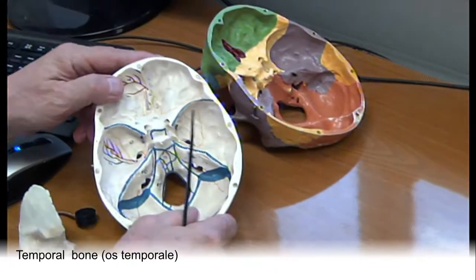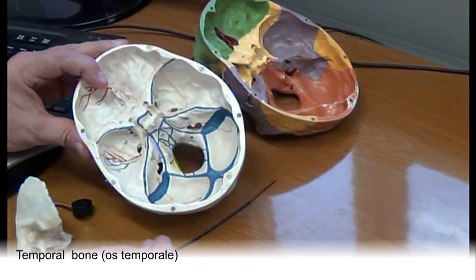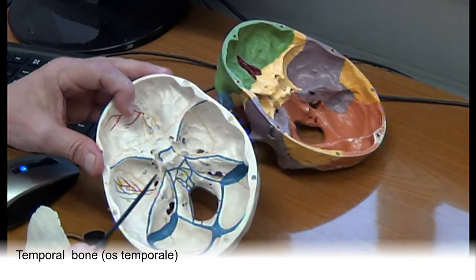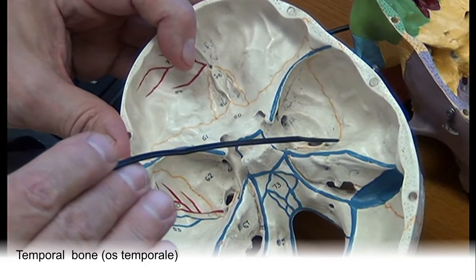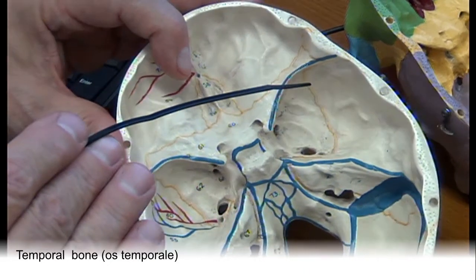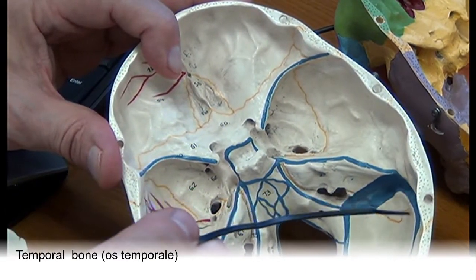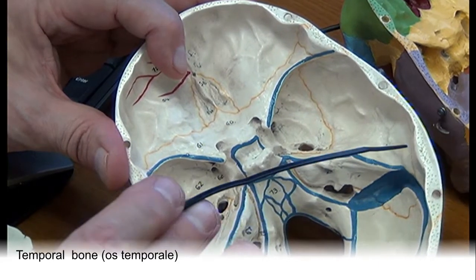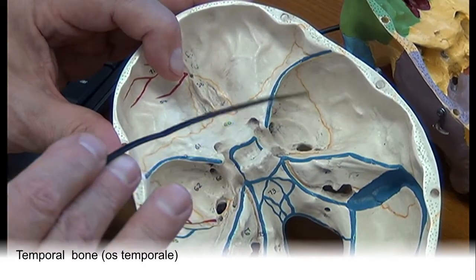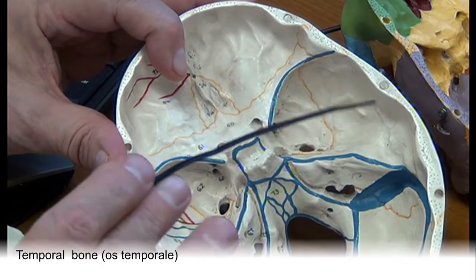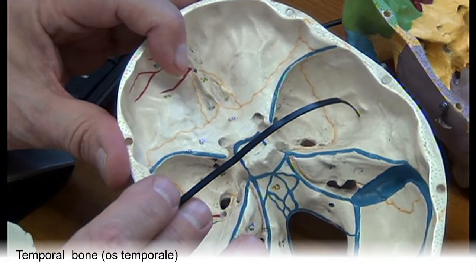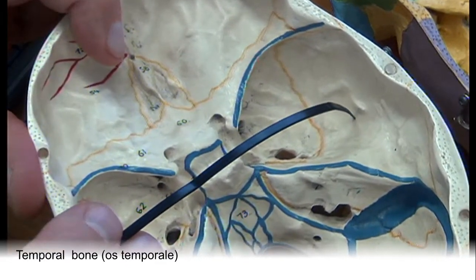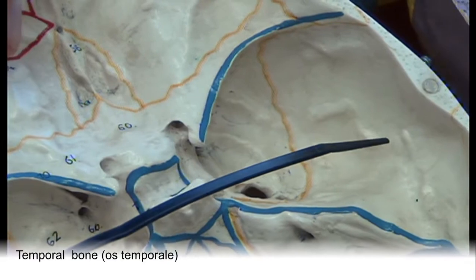So, to help us in this aim, we also have such kind of specimen where sutures, the borders between bones, are colorized with yellow color. Here it is. So this is also temporal bone from internal side of the skull.